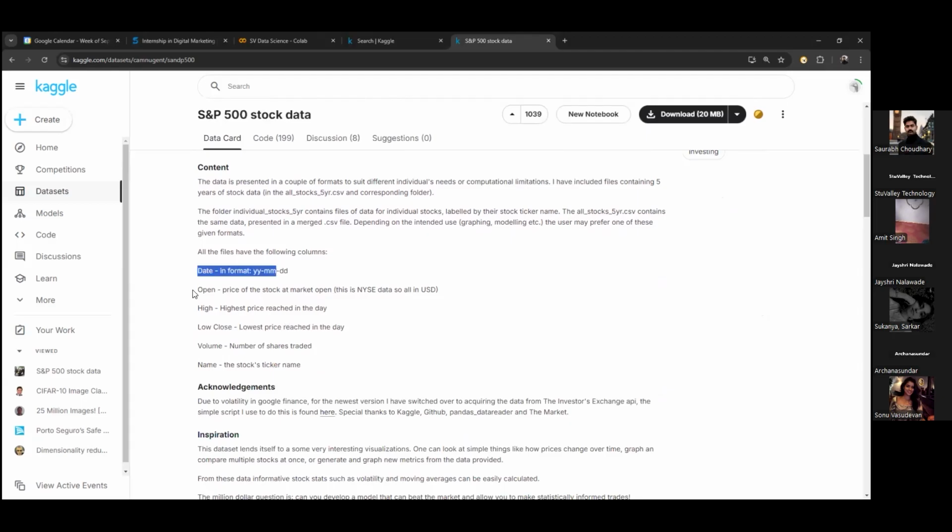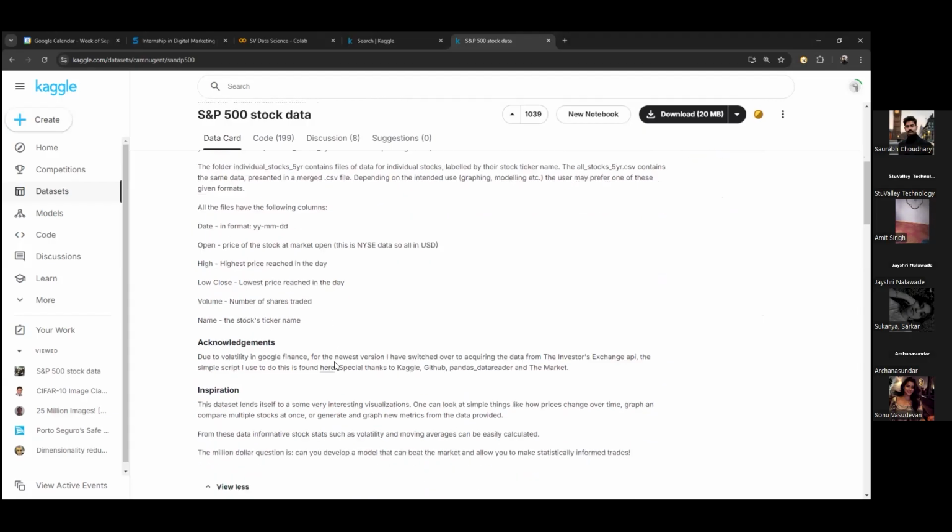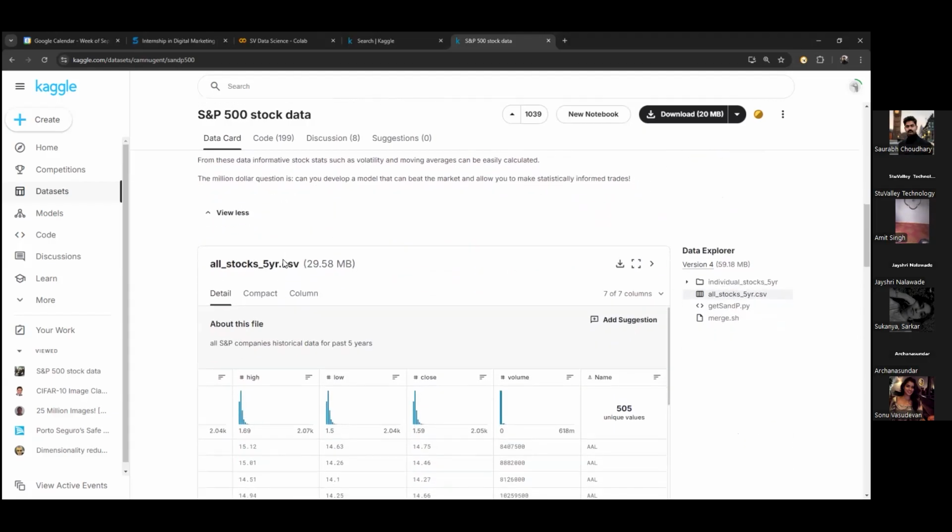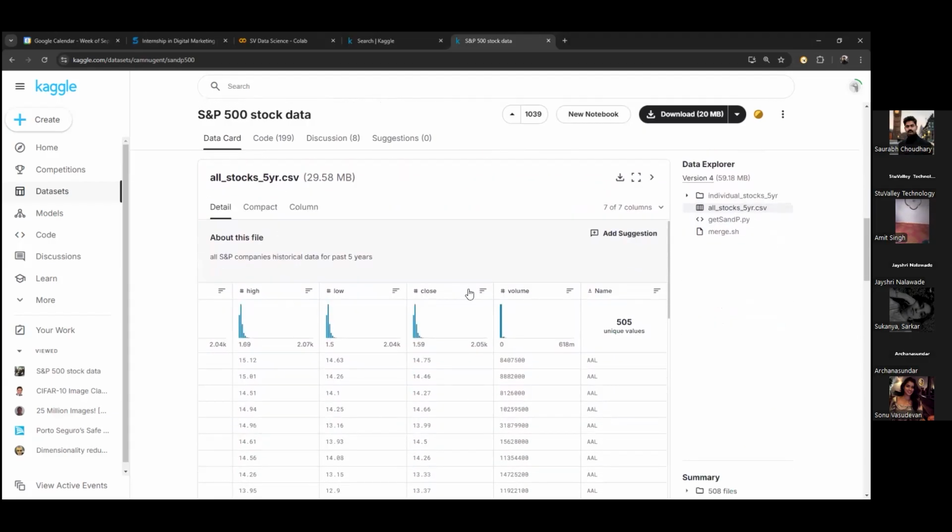So date is there, price of the stock at open, highest price in the day, lowest price, number of shares, and stock ticker name: high, low, close, volume, name.